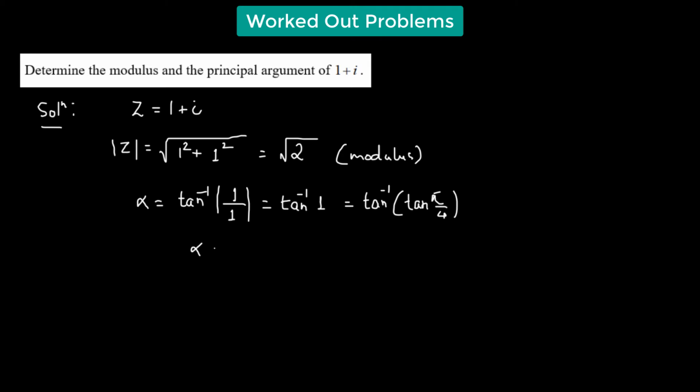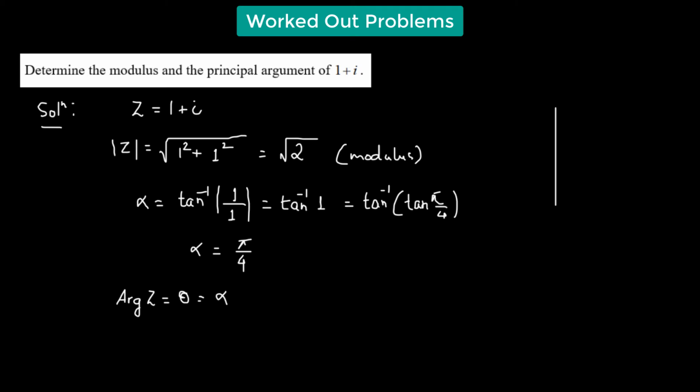So tan inverse and tan are going to cancel each other, and we'll have alpha equal to pi over 4. Now the argument of our complex number z, which is simply theta, is going to be equal to alpha, because our complex number 1 plus i lies in the first quadrant.